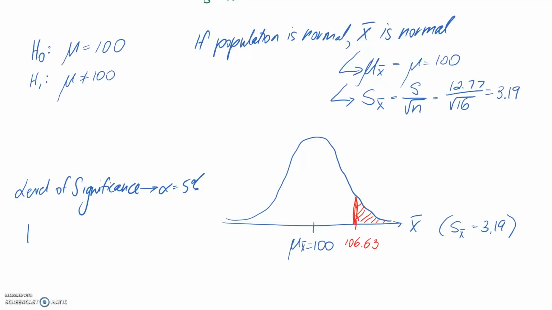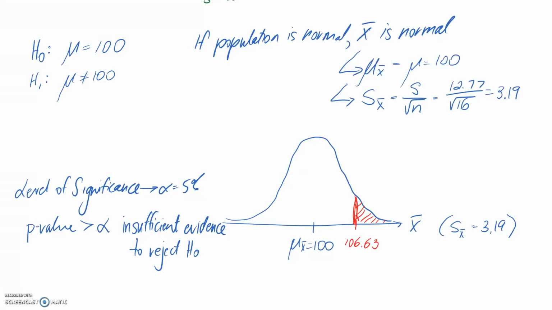Now, if we end up with a p-value which is greater than the alpha value, then this is going to be the boring outcome because we have insufficient evidence to reject H0. So that means we are just going to maintain the status quo in the context of this question.